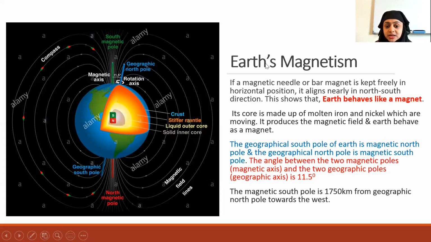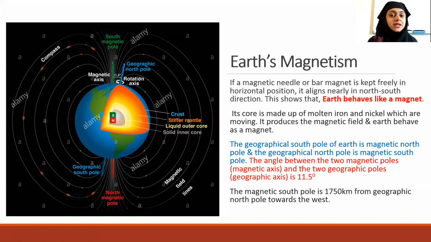Actually, we mention the geographic north and geographic south pole as the north seeking pole and south seeking pole, and we named them like that.